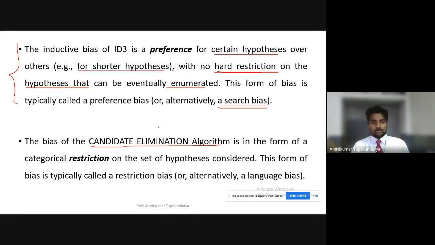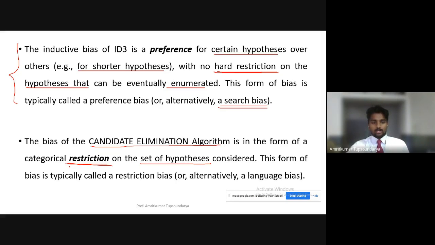So that was the bias we have seen. But what kind of inductive bias was that? The candidate elimination algorithm has it in the form of a categorical restriction that we put on the set of hypotheses, right?